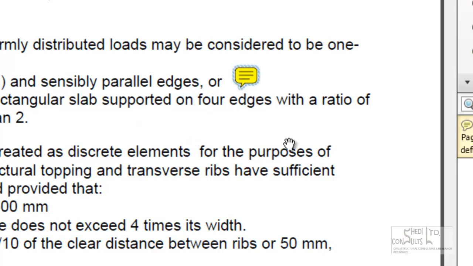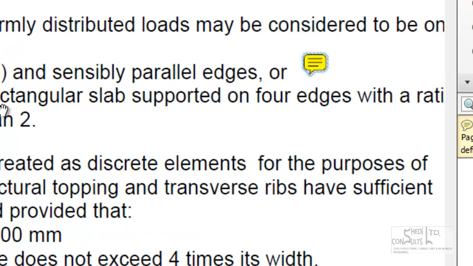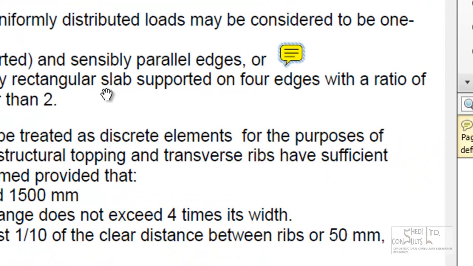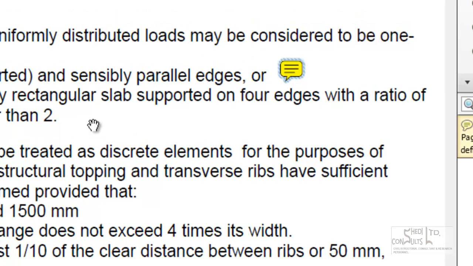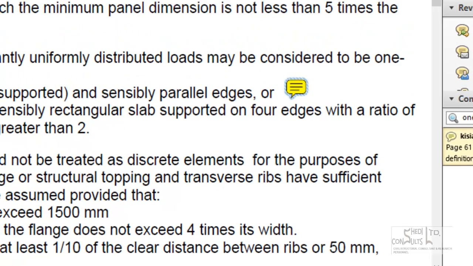So if it is supported on 4 edges and the ratio of the longer to shorter side is greater than 2, it is taken as a one-way slab panel. However, when the ratio is less than 2, then it's said to be a two-way slab panel. So it explains what a one-way slab panel is.